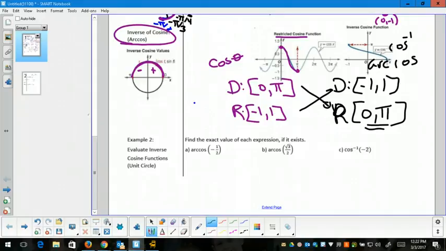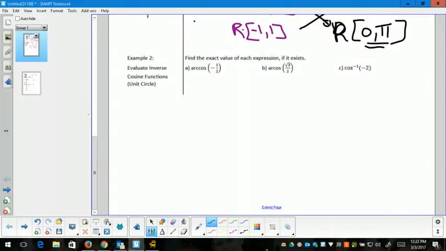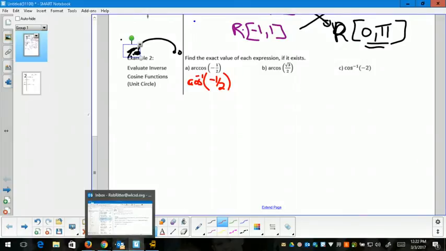As I look to find the exact value, I have to remember that I'm going from 0 to pi. I don't have to worry about negative angles like I do with sine. Going from 0 to pi, those are going to be my outputs. My inputs are the actual ratios. So I have -1/2. If I'm doing cosine inverse or arc cosine of -1/2, which quadrant am I in? 2. So I go to quadrant 2, and I say cosine is -1/2 at 2 pi over 3.